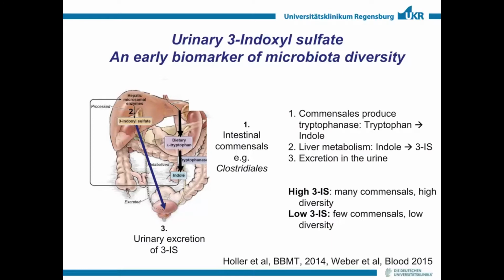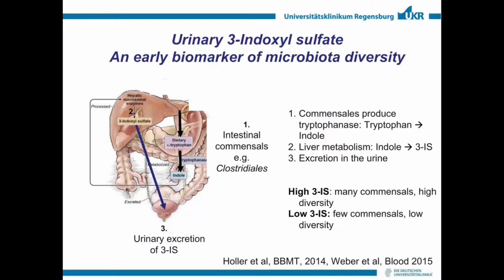If commensal bacteria have tryptophanase, they can convert tryptophan to indole. This indole is taken up by the gut and transported to the liver, where sulfation occurs, so you have indoxyl sulfate as a product, and this indoxyl sulfate is then excreted to the urine, where we can measure a bacterial metabolite.